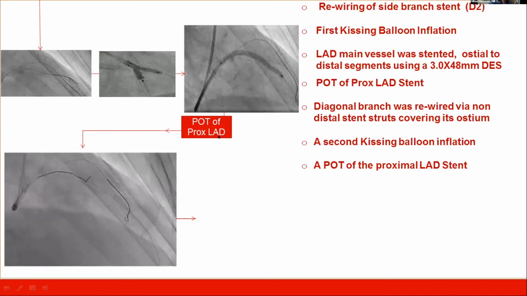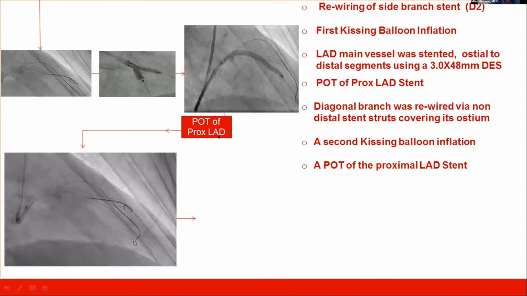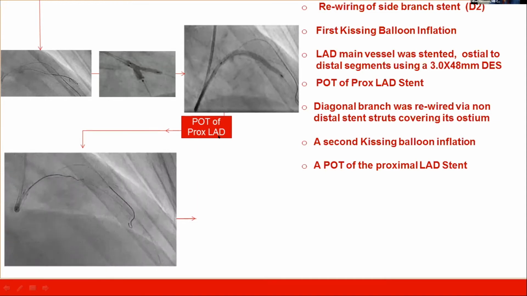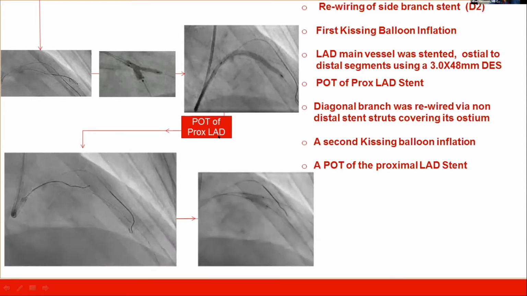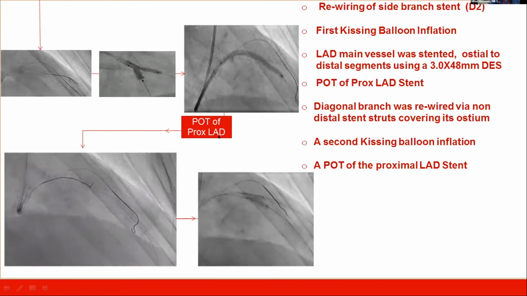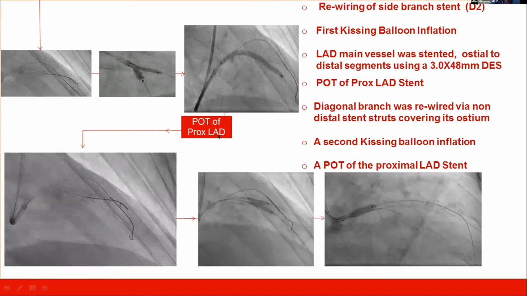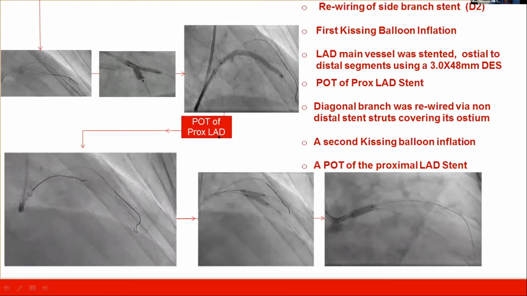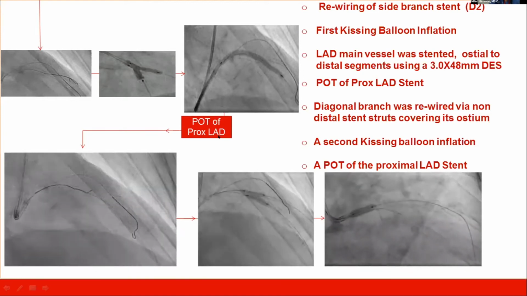Then we rewired into the side branch stent, and the rewiring was absolutely fine with no problem. Then we performed the second kissing balloon inflation and POT both above the level of the bifurcation and at the proximal LAD.